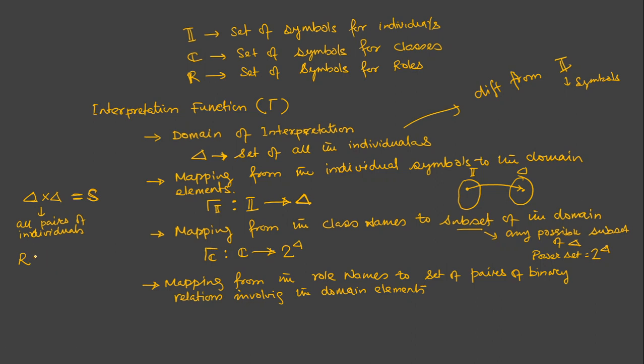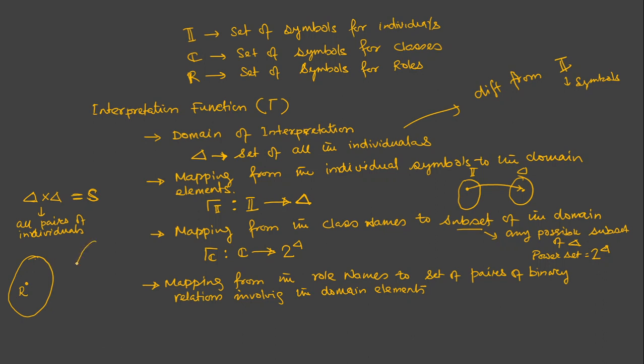So again, you have a set of role names, and out of this set you have one element which is R. Now what will R be mapped to?